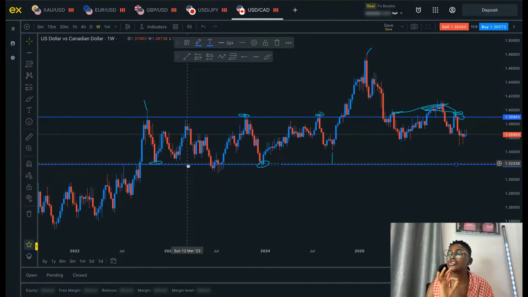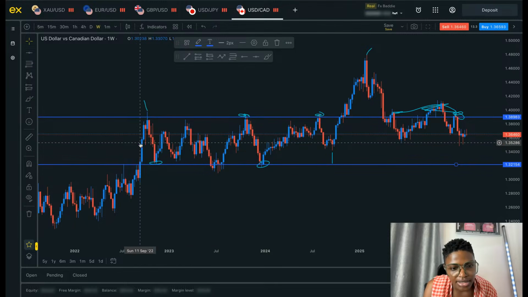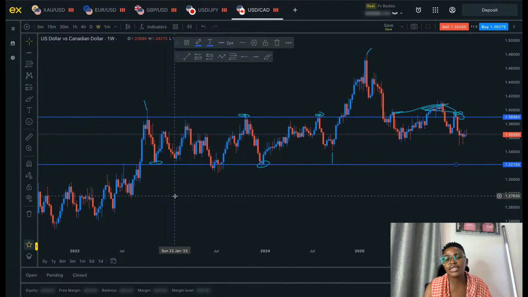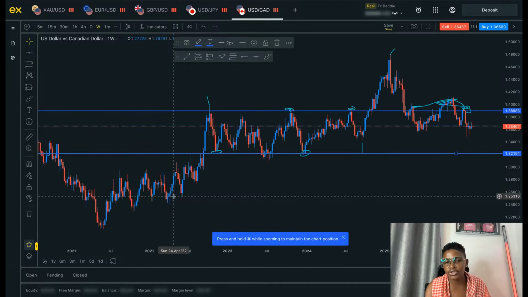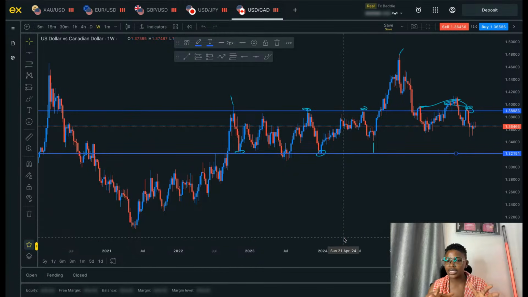So now we are doing top down analysis, and we are on the weekly time frame marking out our key levels. Do I see any other level? I don't see any other level, and I'll not force it, right? And now, still on this weekly, what can we see?